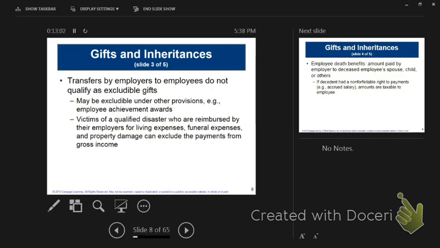Everybody gets them. Now, this one here, victims of disaster areas, we got another one, down in the Carolinas and Virginia. They're reimbursed by their employers for living expenses or funeral expenses, property damage. They can exclude those payments. But it will specifically ask in some of those cases if you're a victim or if you live in a disaster area. So Katrina hit, that was one that spread wide too.